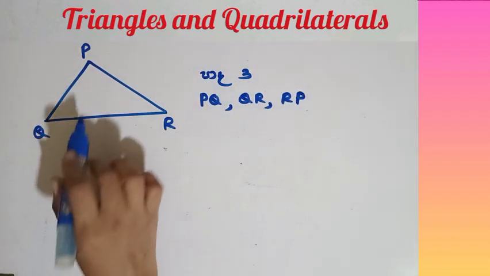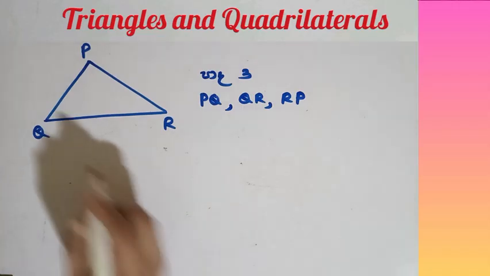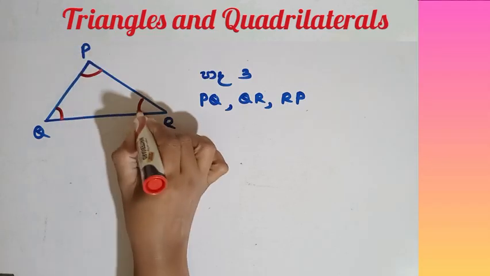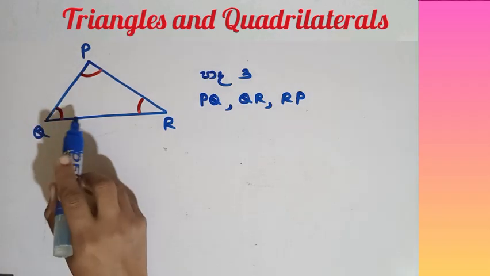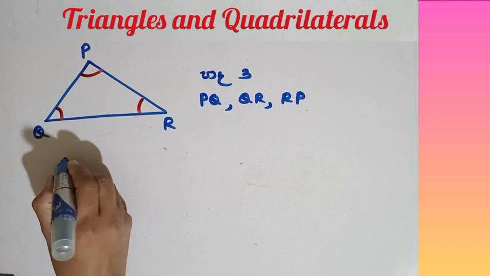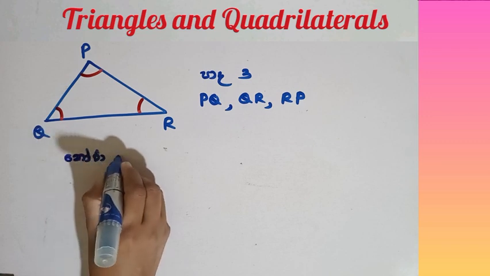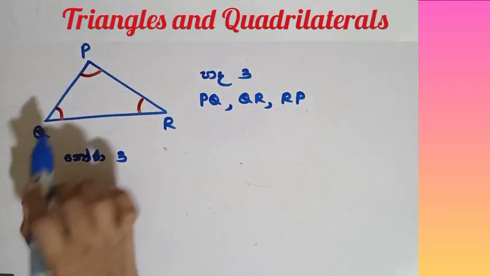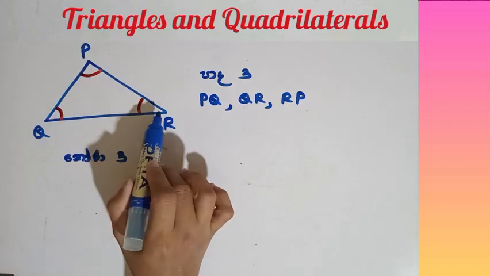Next, angles of a triangle. In the triangle, the angles inside the triangle are named as interior angles. So, there are three interior angles in this triangle. We can name the interior angles as QPR or RPQ. One angle can be named in two ways.